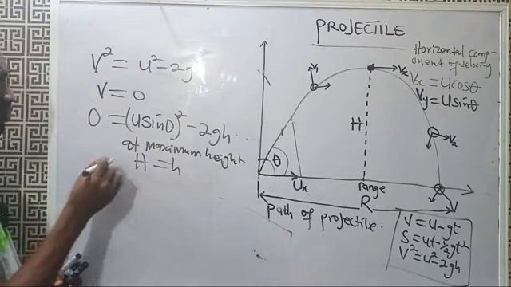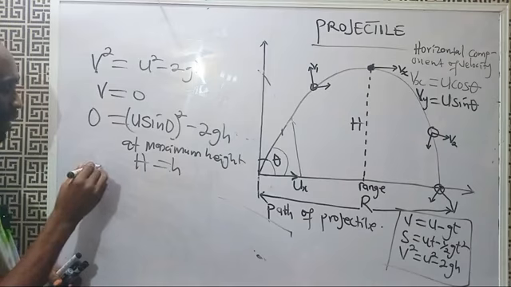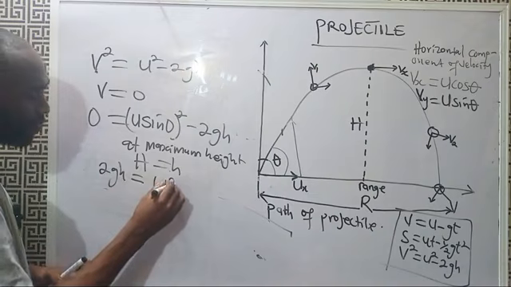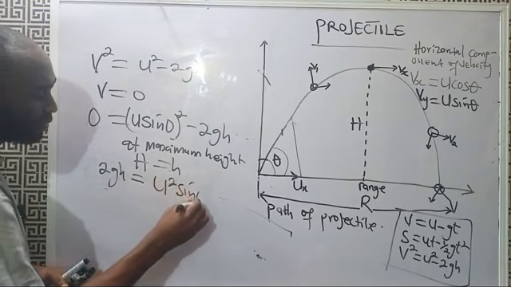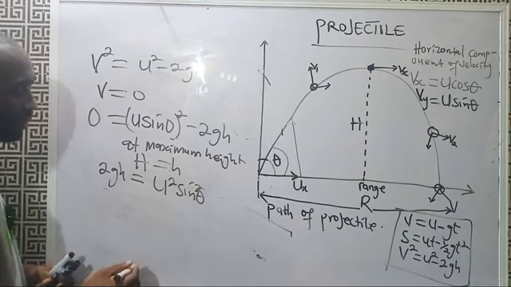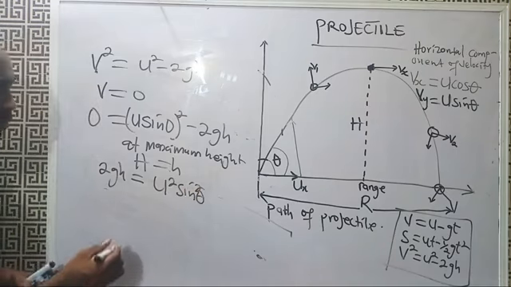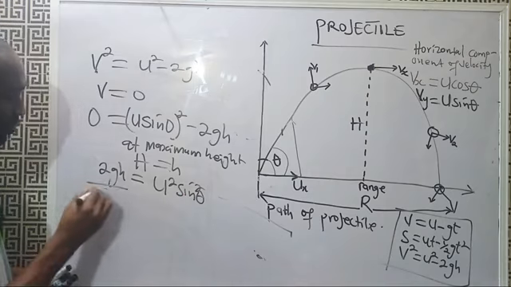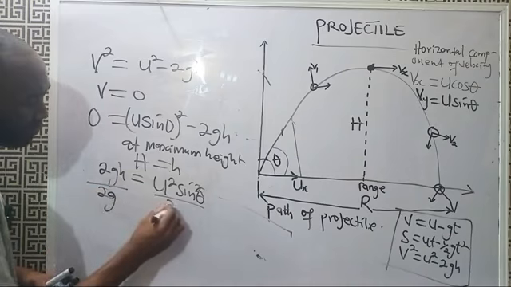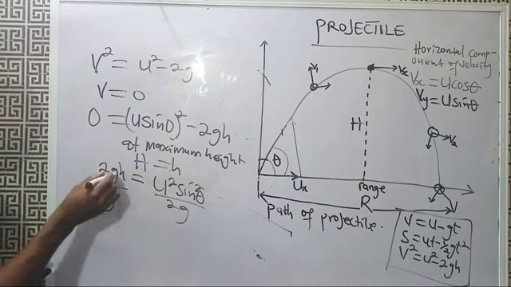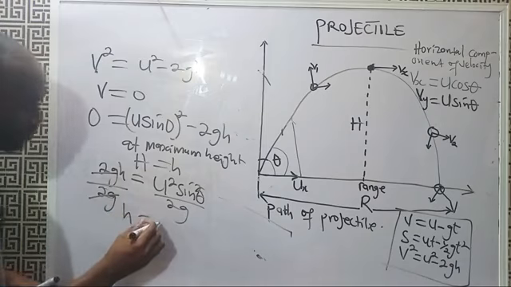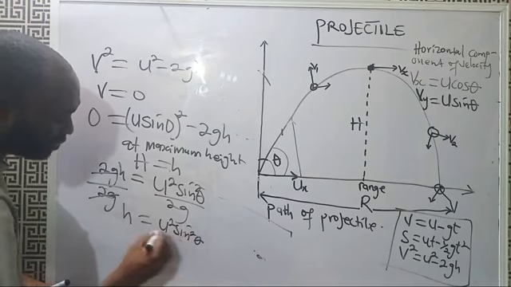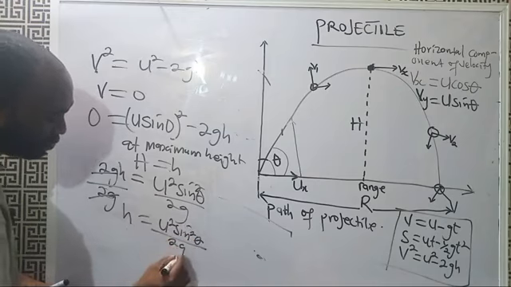So you want to make h the subject. You now have 2gh is equal to u squared sine squared theta. Now divide both sides by 2g. 2g will cancel 2g. h will be equal to u squared sine squared theta all over 2g.